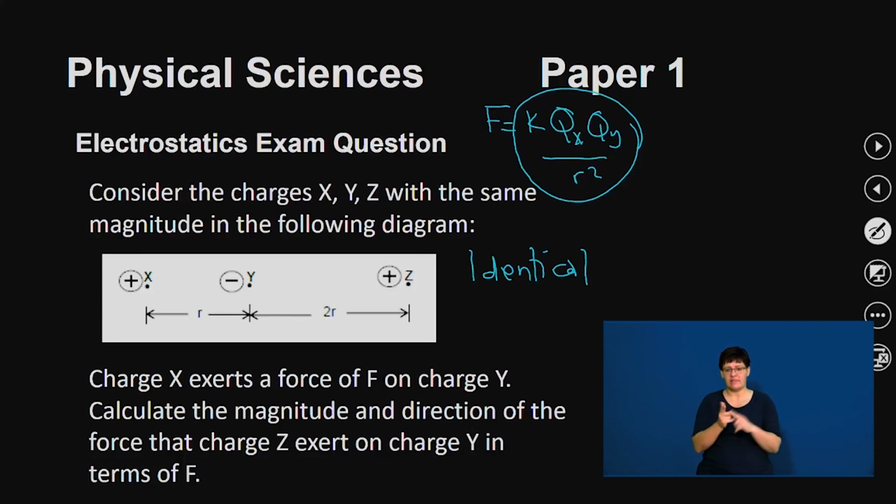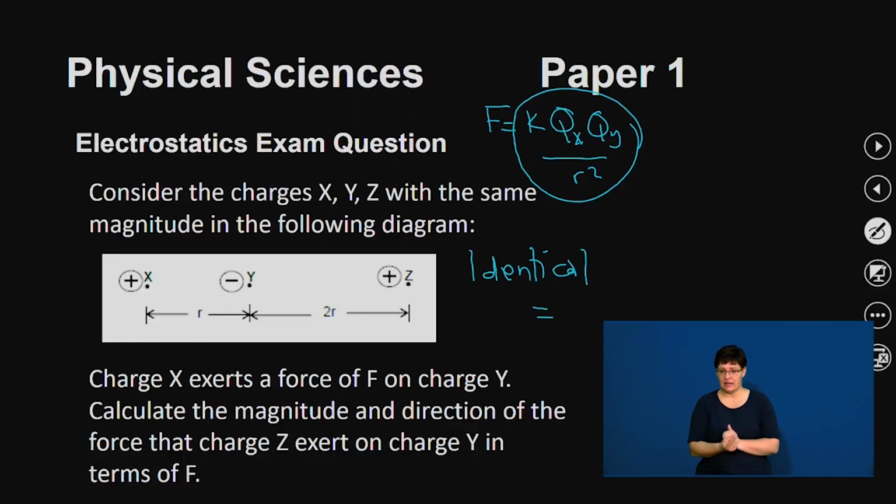Now, calculate the magnitude and direction of the force that Z exerts on Y. What's the difference between Y and Z is that the distance has been doubled, but the magnitude of the charges is the same. Y and Z will experience a force of attraction just like X and Y because these are opposite charges. Now, if we double the distance, what will happen?